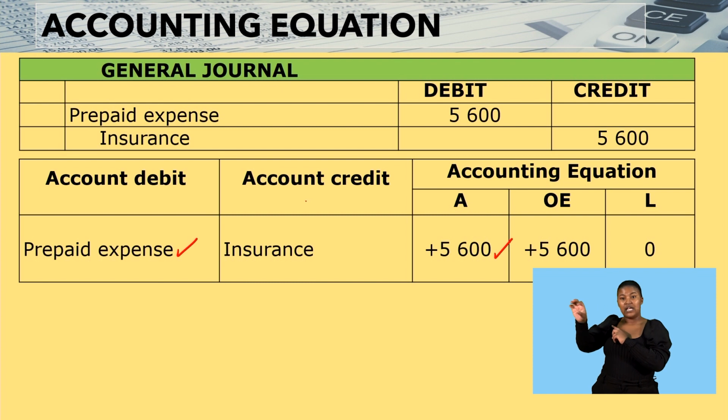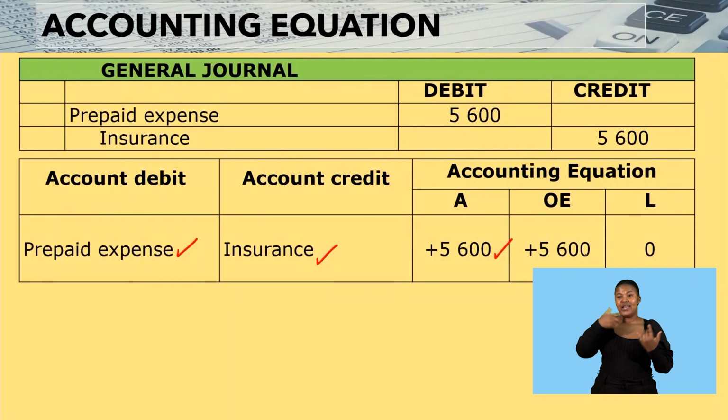5,600. Then the account to be credited is insurance, which is an expense. Remember that our expenses are debited, but in this case, we debited it with an amount that includes the next financial year. So we now need to decrease that amount that was paid for the next financial year. So we come to our owner's equity and say plus 5,600.